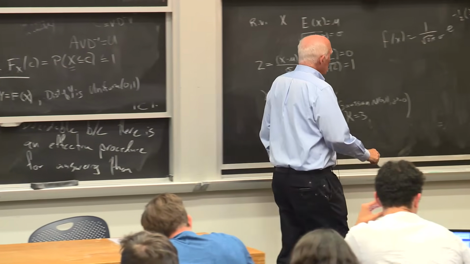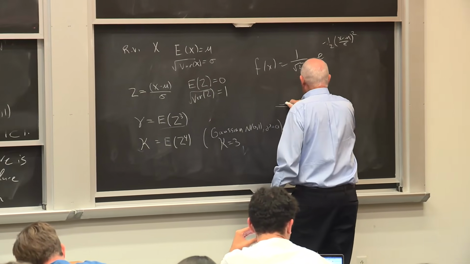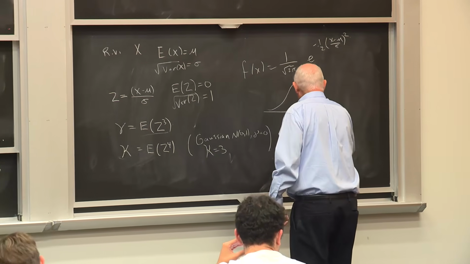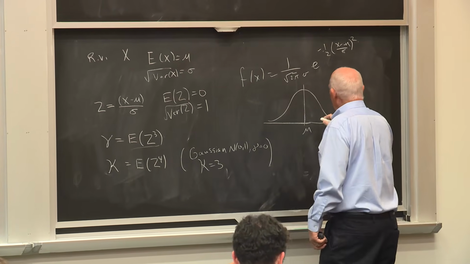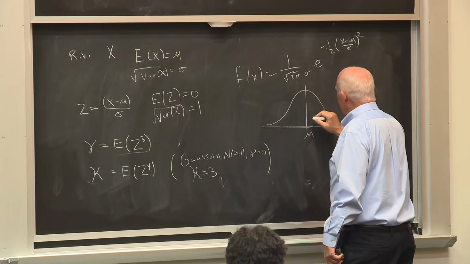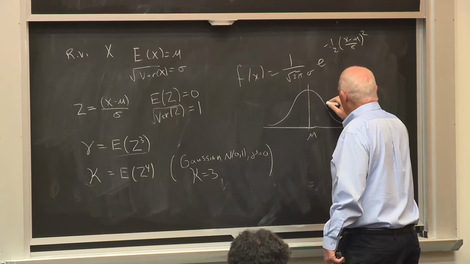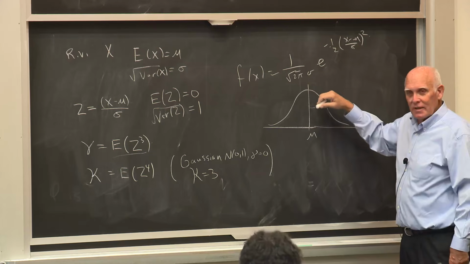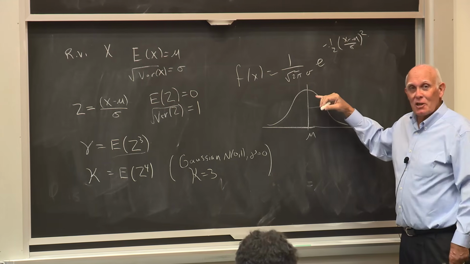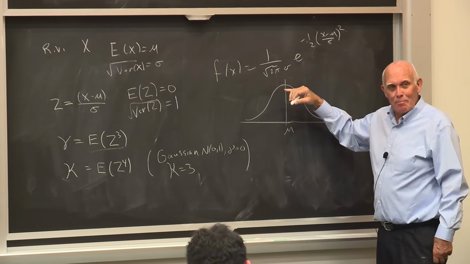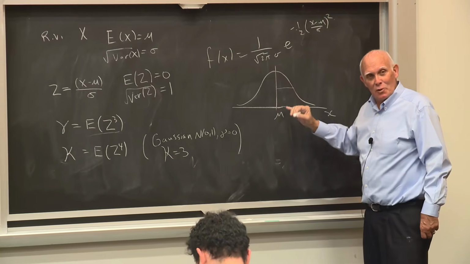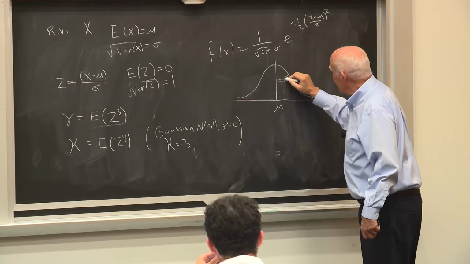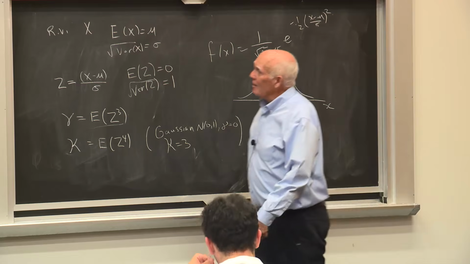If we think of drawing a normal density function, the peak is at the mean, and the point of inflection, where the second derivative goes from negative to positive, is at a distance sigma, symmetrically.